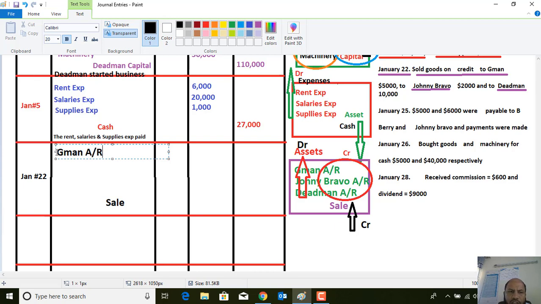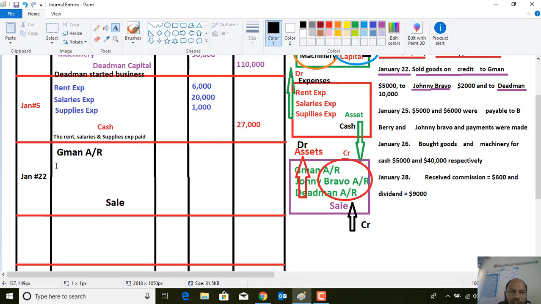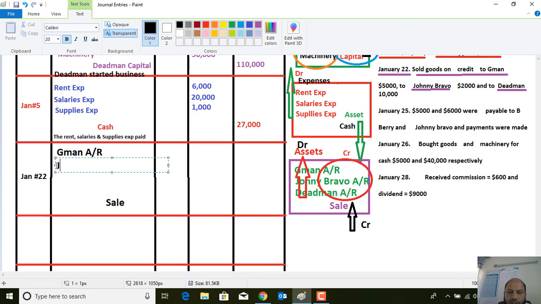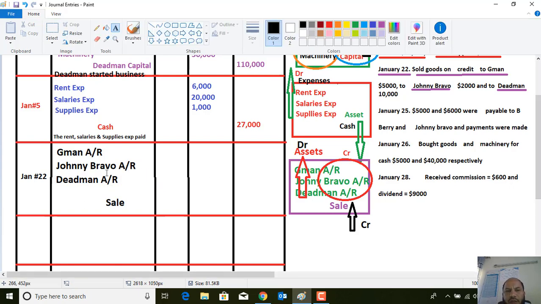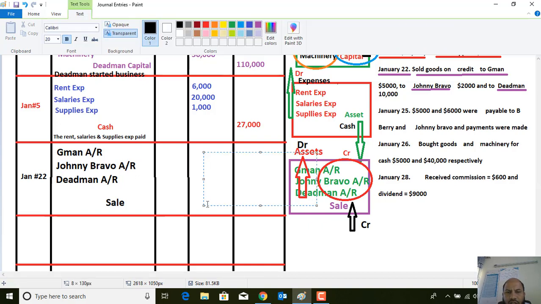They will receive this money from the Junibrow, the business will have receivables, and also from the Deadman, the business will receive the money. So all of these three are asset accounts, and an increase in assets should be recorded at the debit side.